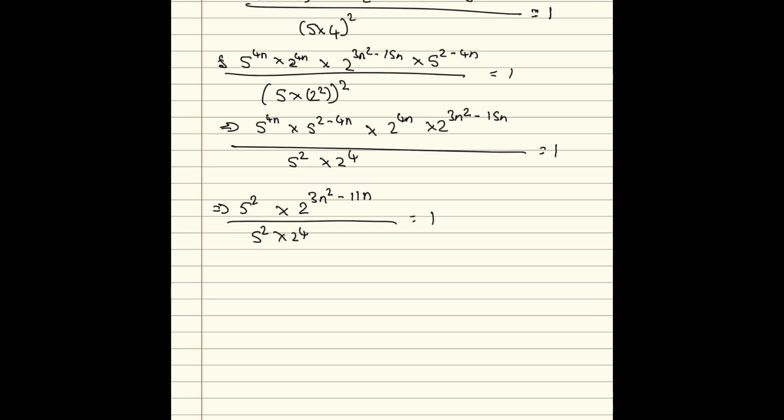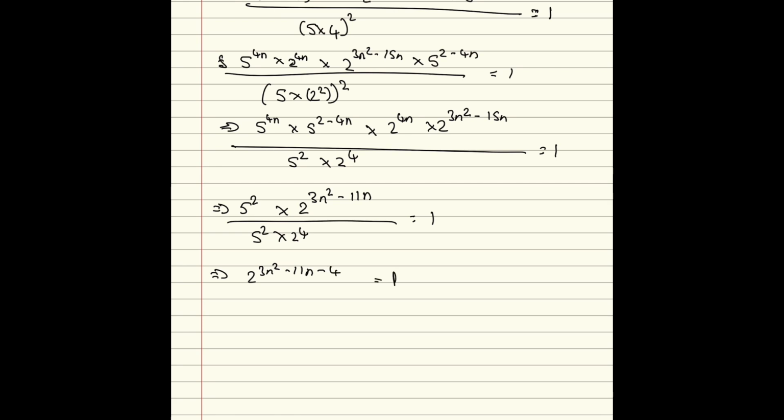Now, what you can see here, the denominator and the numerator cancel, so we're left with 2 to the power of 3n squared, take away 11n, and as the 2 to the power of 4 is in the denominator, we've just got to take away 4 from there, and this is equal to 1.